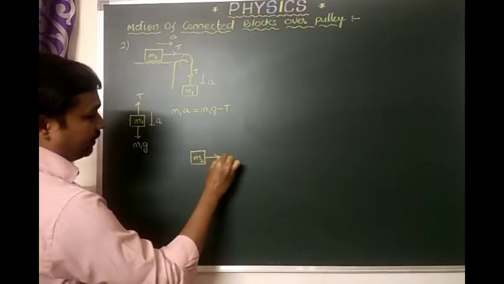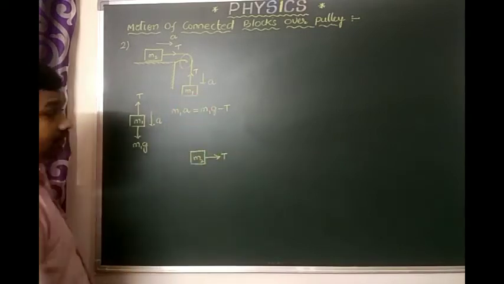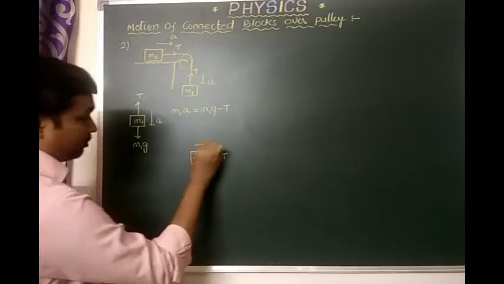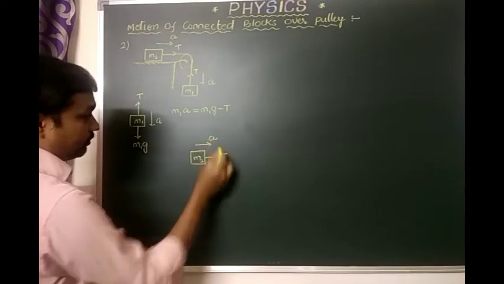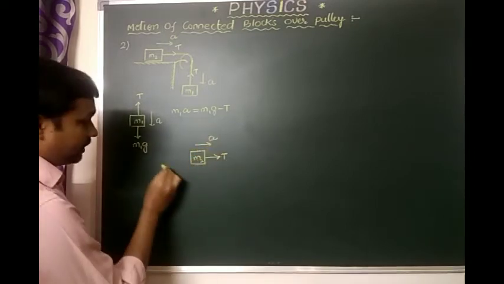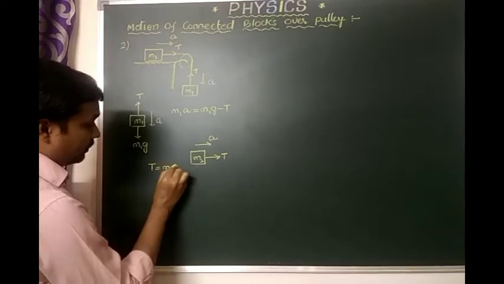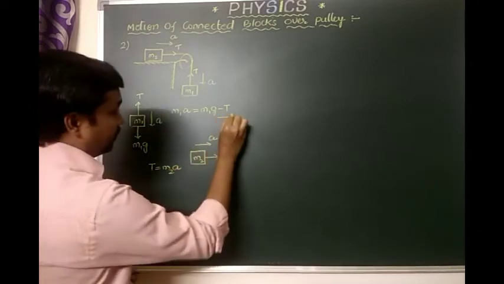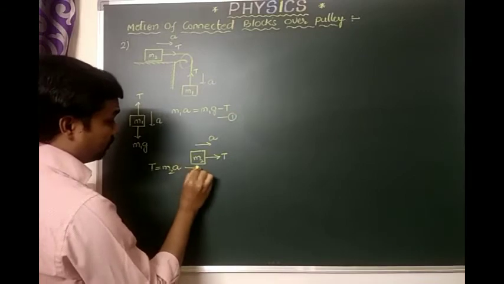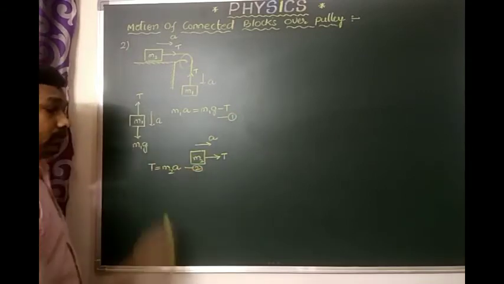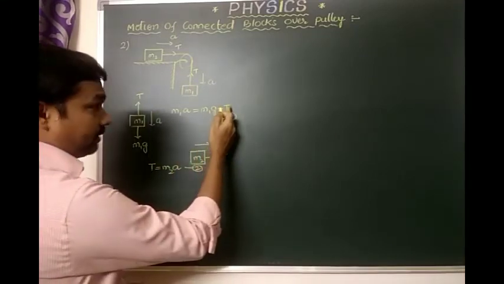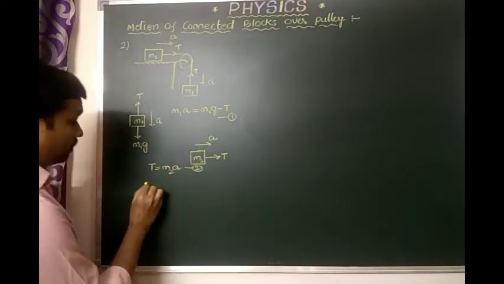Only tension acts along the horizontal direction. When it is moving with an acceleration, the force exerted produces an acceleration, so tension T is equal to M2 a. This is equation number 1, this is equation number 2.